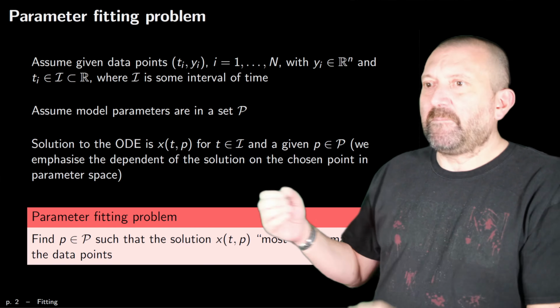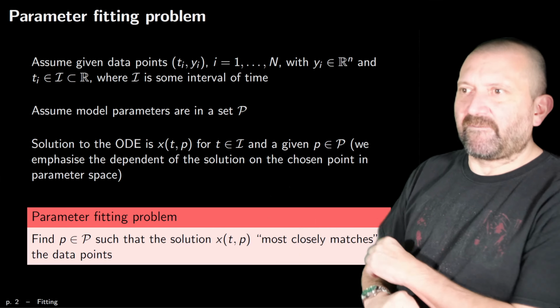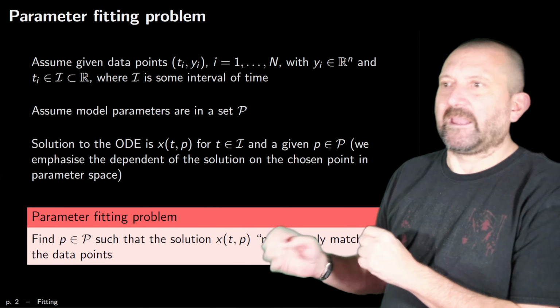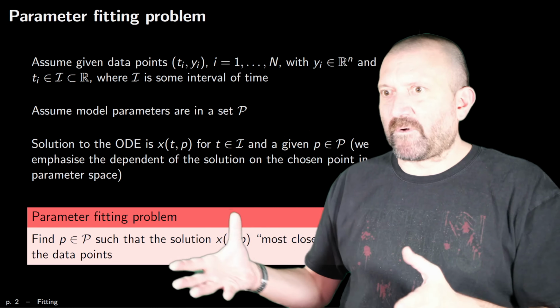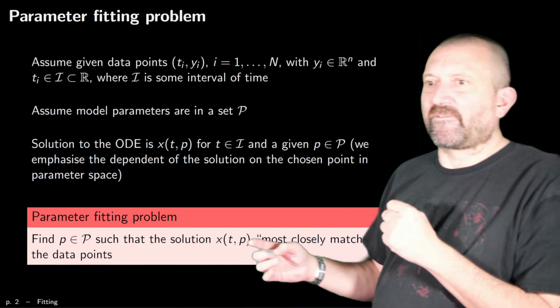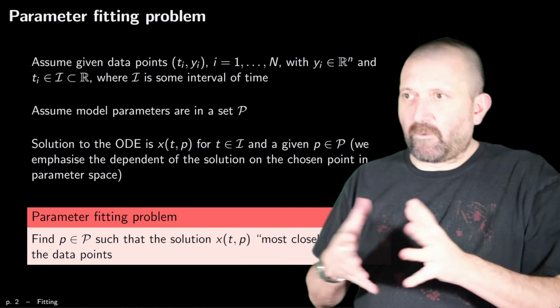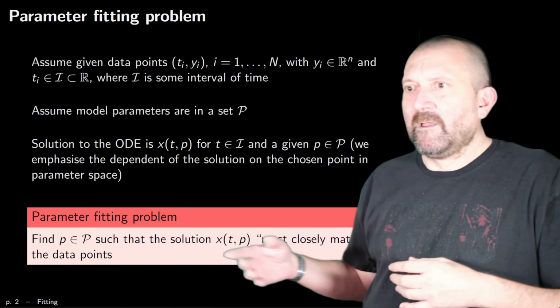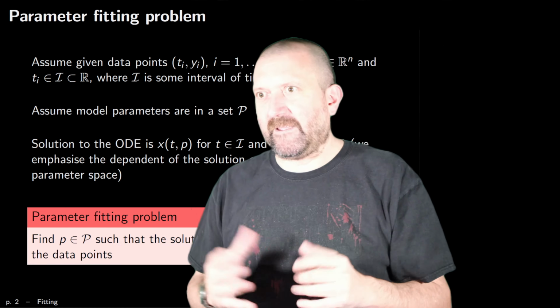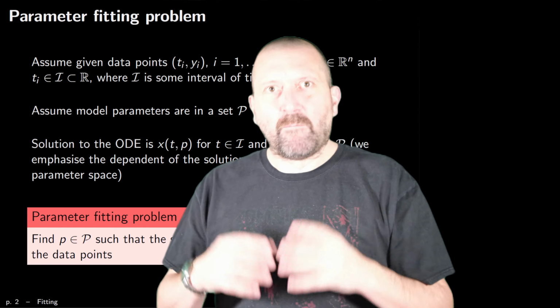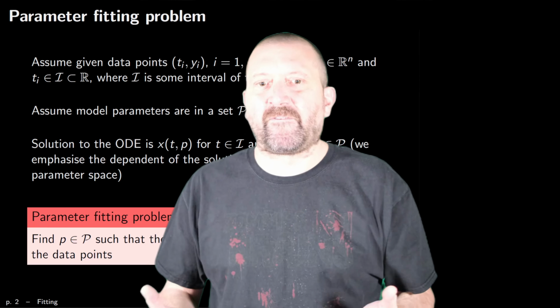Okay, and then the problem is the following: we want to find a value of the parameters, so a point in parameter space, such that the solution that we get for our model most closely matches, let's say, and I'll define that in a second, most closely matches the data points.